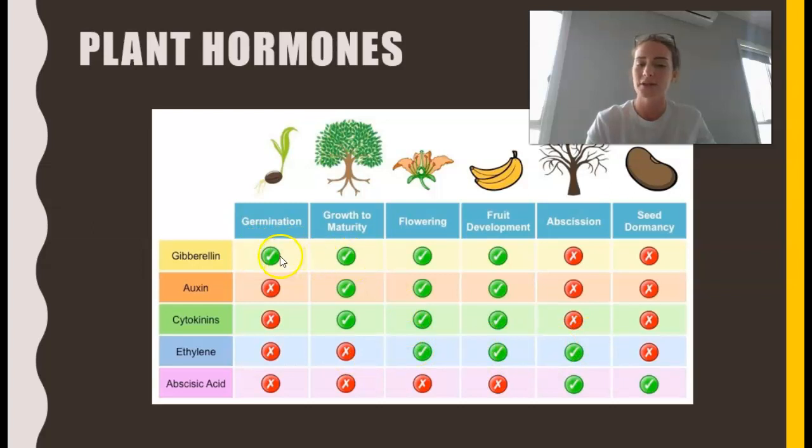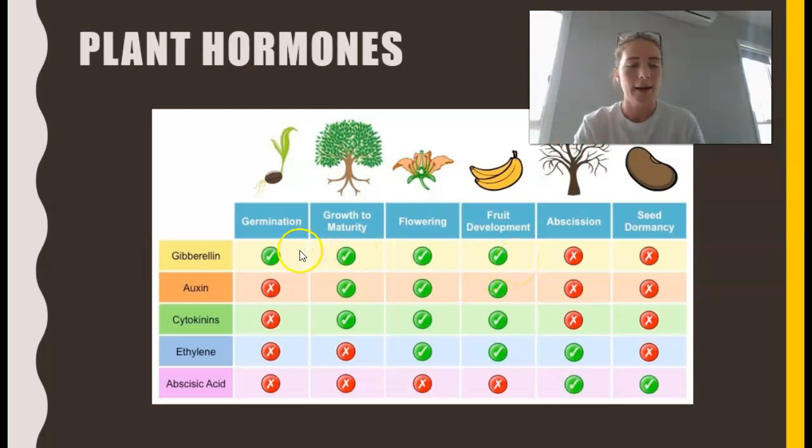But these ones, so gibberellin, auxin, cytokinins, and abscisic acid, these hormones you do see asked about in VCAA exams, and it's always just this tiny little bit of knowledge that's being tested, and it's a top end sorter. So if you have those tiny little pieces of knowledge that you can call on, then you're gonna be able to get that 1 extra mark in a multiple choice question, or the one mark short answer question that's gonna just put you over that line.